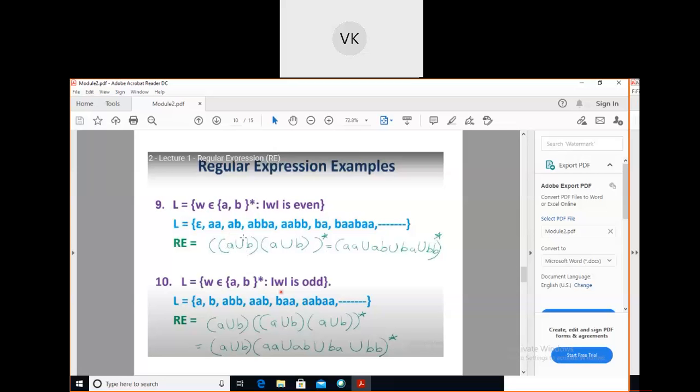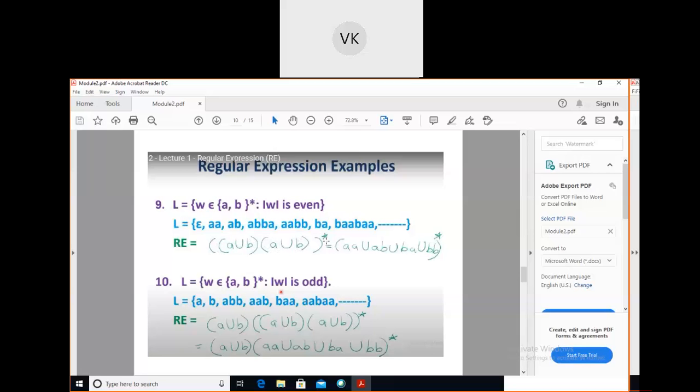From this parenthesis, I may have A or B, so from this parenthesis I will have 1, and from the other 1, so 2.